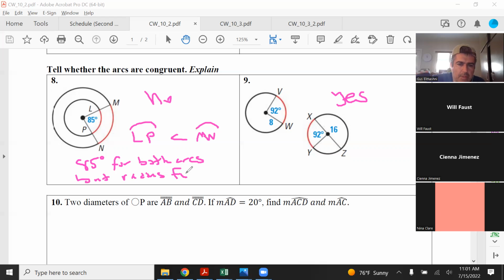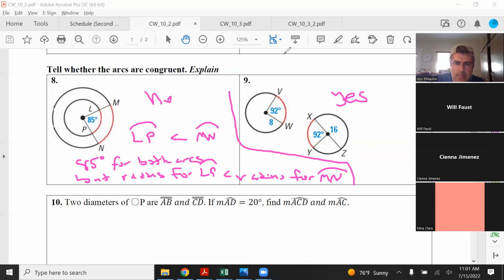But the radius for LP is less than the radius for MN. So that's what's going on over there.